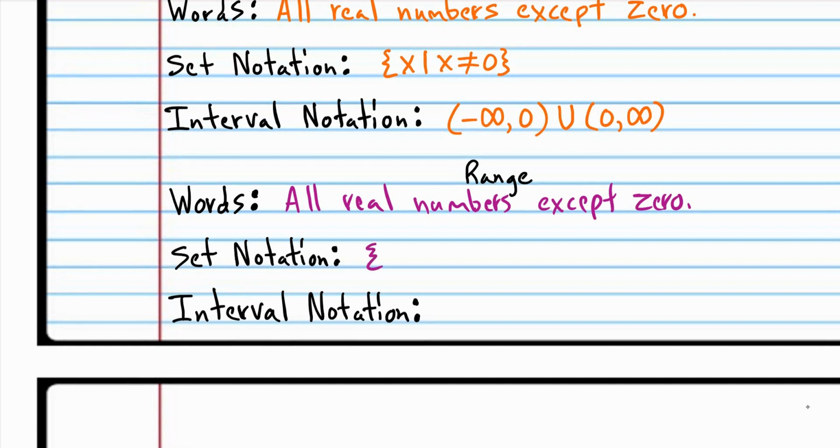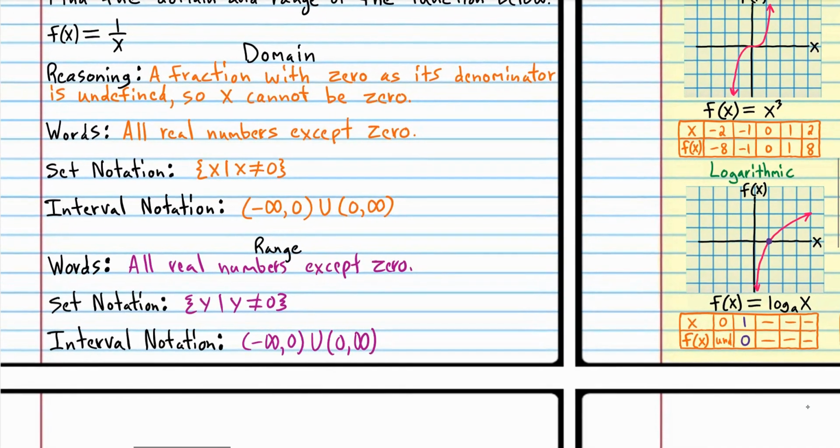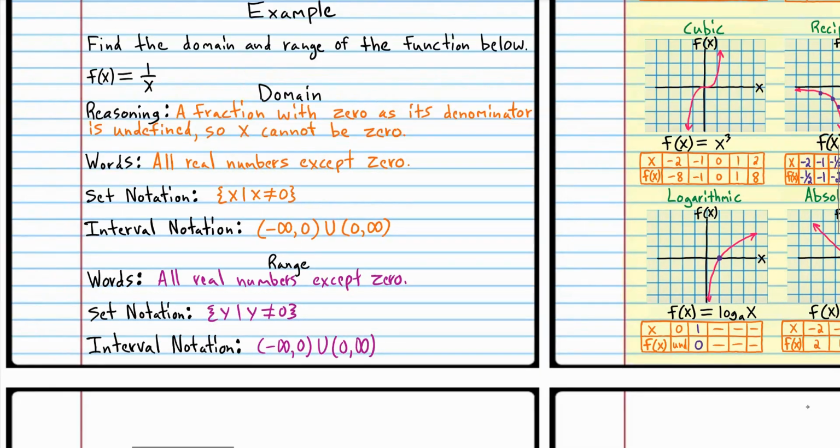And in set notation, we say the set of all y values such that y cannot be equal to 0. And in interval notation, we write negative infinity, comma 0, union 0, comma positive infinity. And the parentheses mean that 0 is not in the range.